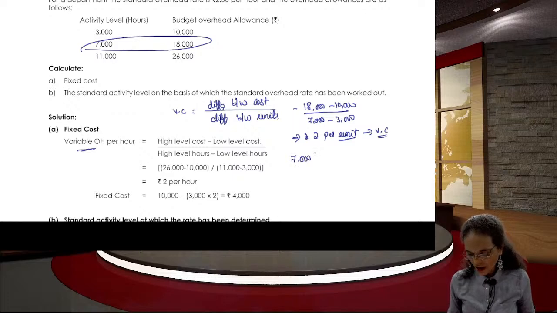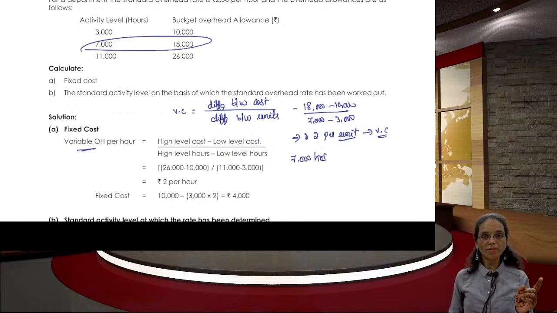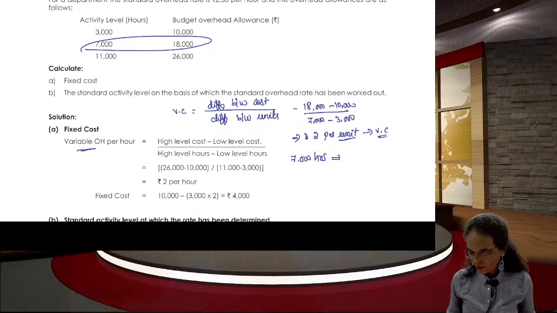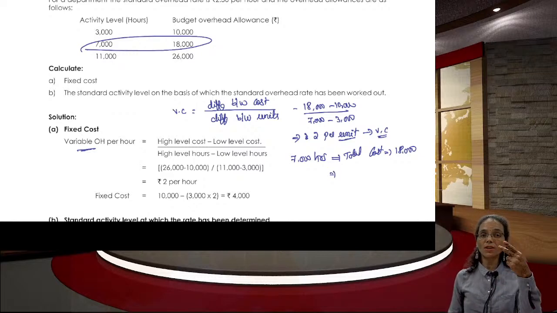When the activity level is 7,000 hours, the total cost is 18,000. Total cost consists of fixed cost and variable cost.